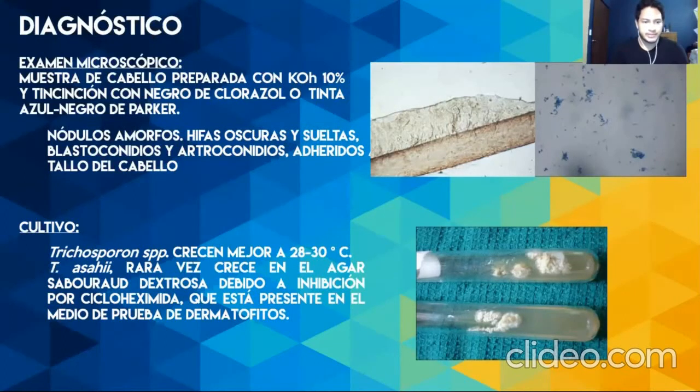In the culturing, Trichosporon species grow better at 28 to 30 degrees Celsius. Trichosporon asahii, which is the most commonly associated species, rarely grows on Sabouraud dextrose agar due to inhibition by cycloheximide.